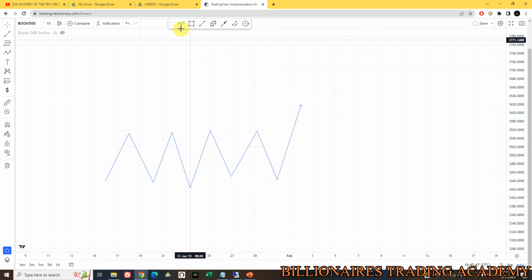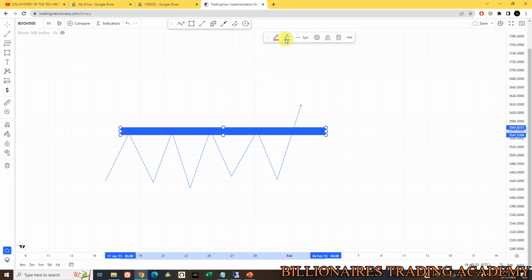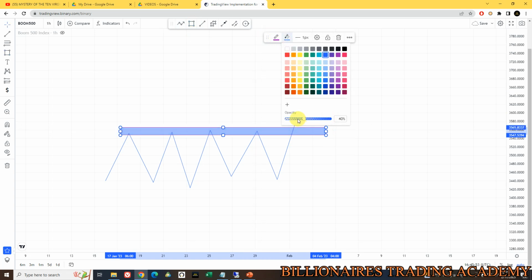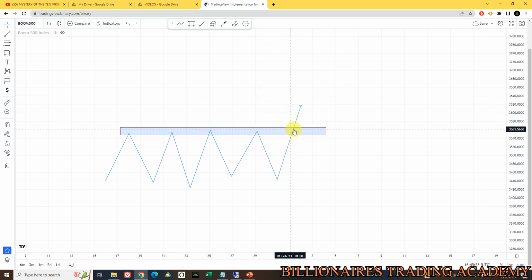Now let's say you mark this zone as your zone of resistance. Once price goes up like that, that is what we call a breakout. Now what we expect is price to come back and test this level, and then it can continue going up.